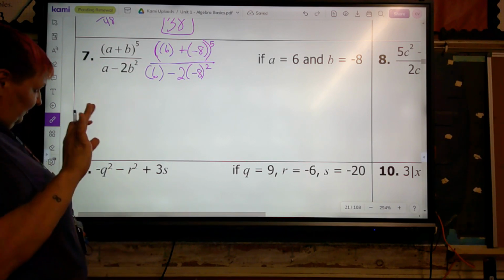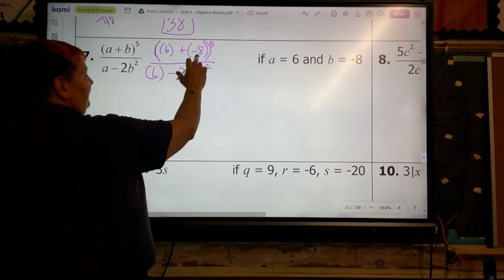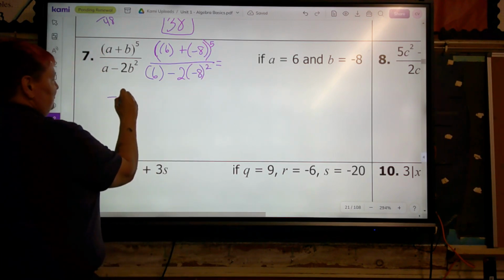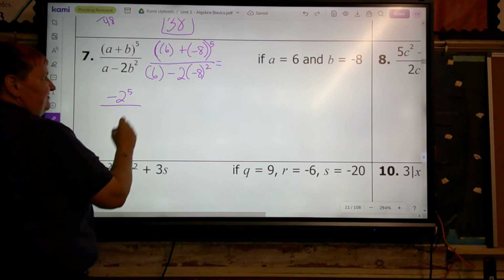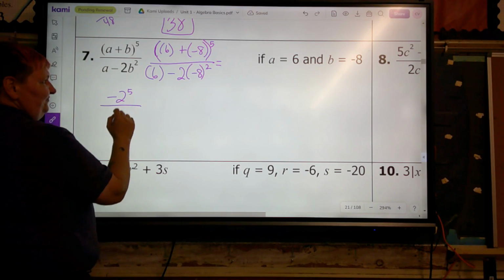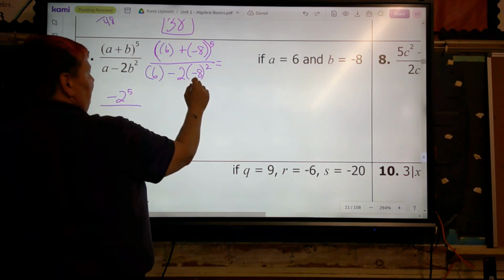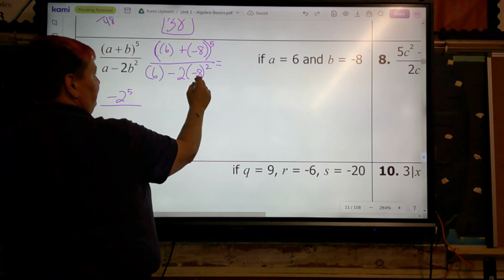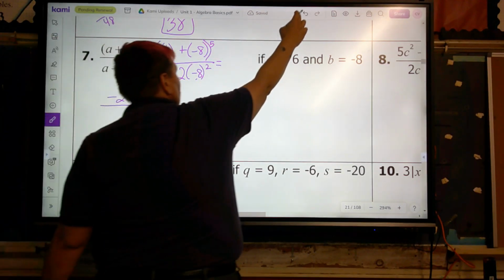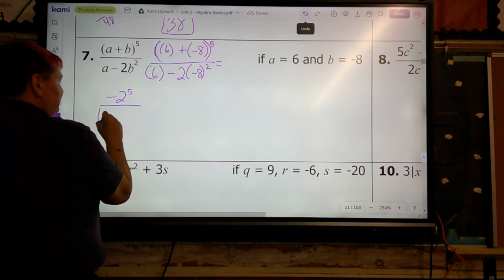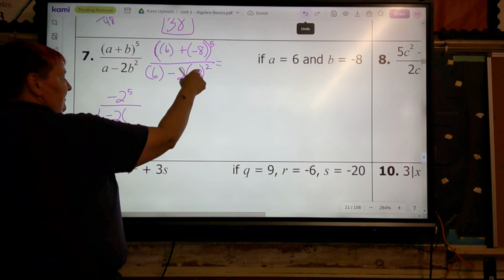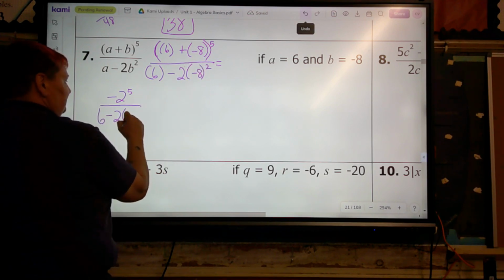Alright, so inside the parentheses first. 6 minus 8 is negative 2. So then we're just going to get negative 2 to the 5th power right there. And then there's nothing inside the parentheses here, but there is an exponent. So we're going to do 6 minus 2 times negative 8 times negative 8, because negative 8 squared is 64.